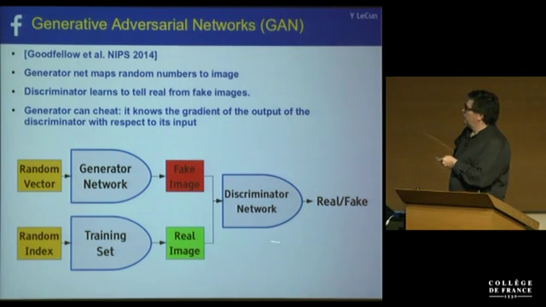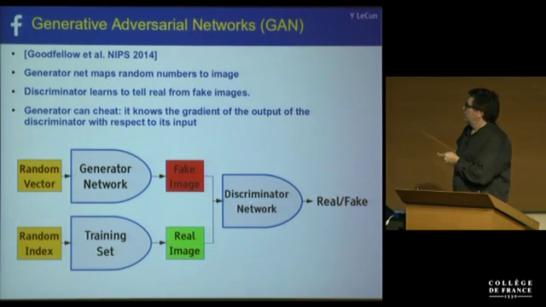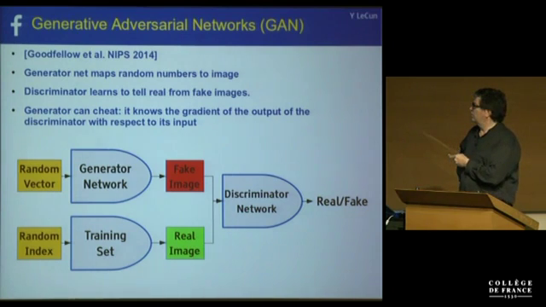It's a simple idea. You take a discriminator network that is trained. Think of a convolutional network typically. It will be trained to carry out a binary classification that will tell us if the image at the output is a real image from the database or a fake image generated by a generator.